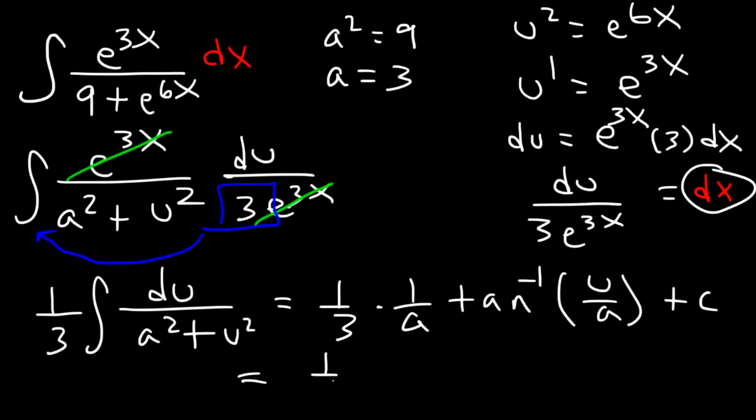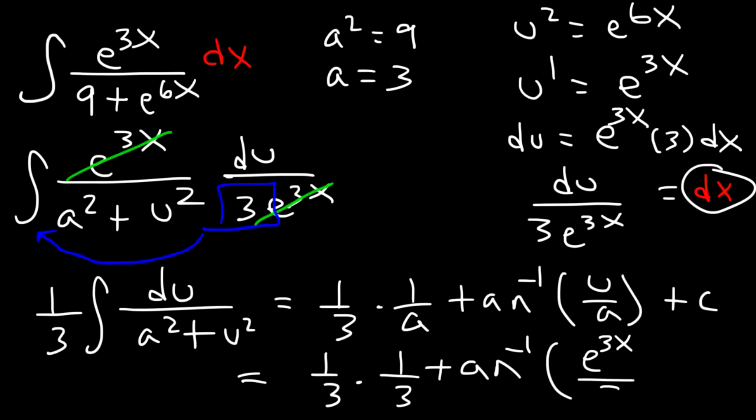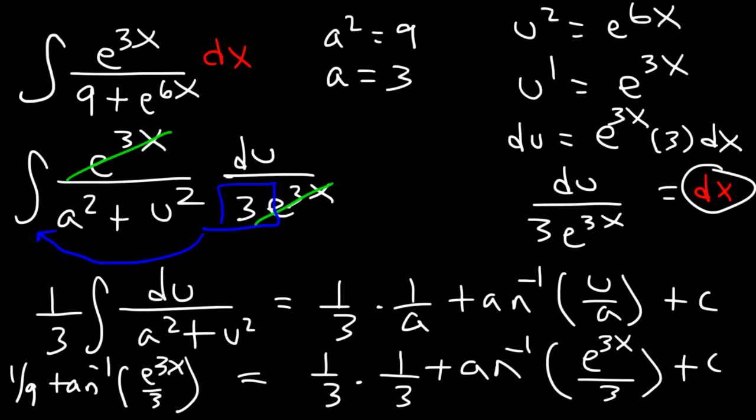And now let's replace a with 3, and let's replace u with e to the 3x. So therefore, the final answer is 1 over 9 arctan e to the 3x divided by 3 plus c.